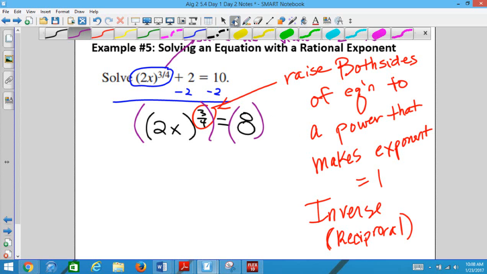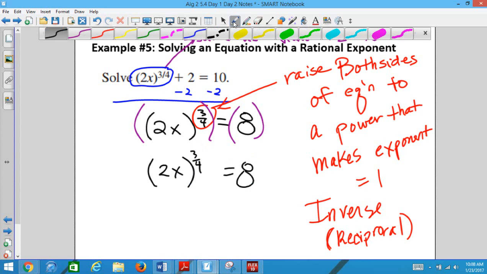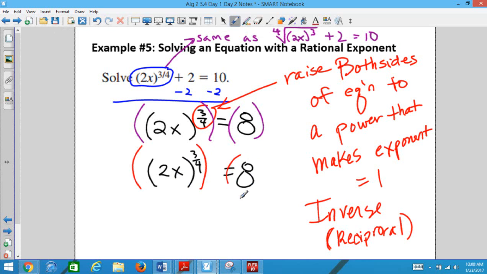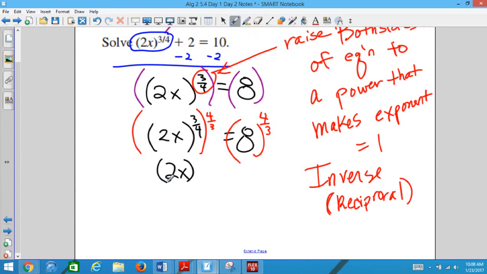I'm just going to rewrite it because that got really messy all of a sudden. So we're going to raise both sides to the 4/3. Just multiply the exponents by the reciprocal of the original exponent, so that the exponent becomes 2x to the first. That would be 2x to the 12/12. So that would be 2x to the first.